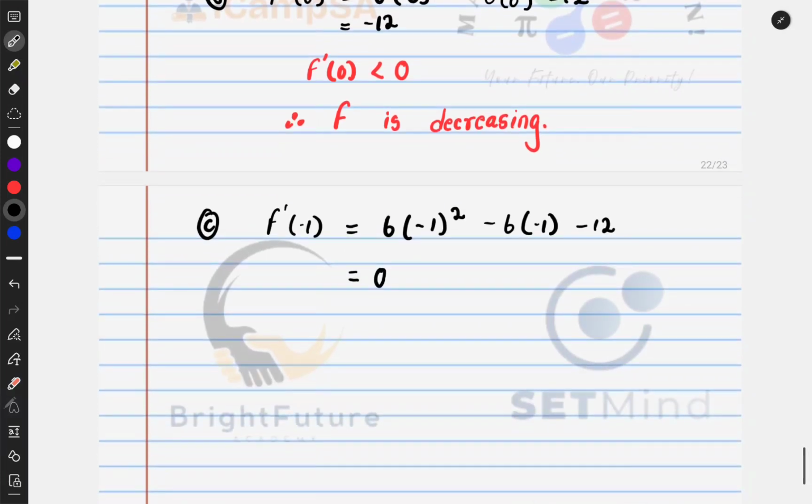Therefore, this is a stationary point. So we say the function is both increasing and decreasing. We say f prime is equal to 0. Therefore, f is both increasing and decreasing.